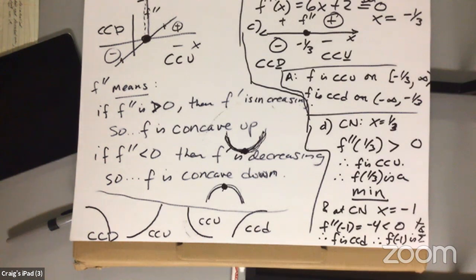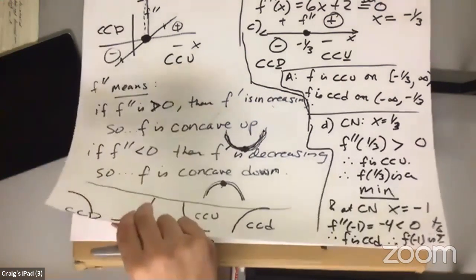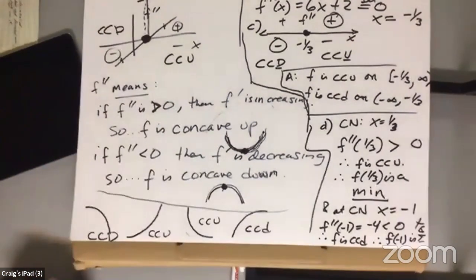Where the first derivative is increasing, the function is concave up. And where the second derivative is decreasing, the function is concave down. Okay, so that's the whole business with the first and second derivative tests.